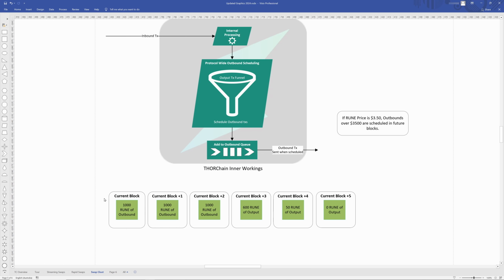So therefore, they can get their outbound transaction potentially in an earlier block, or if their score is high enough, it can be processed immediately, because essentially the outbound value is considered to be 0 rune. Because they're not inside of the queue here, that makes more room for normal traders that haven't used THORChain to get their outbound processed a bit quicker.